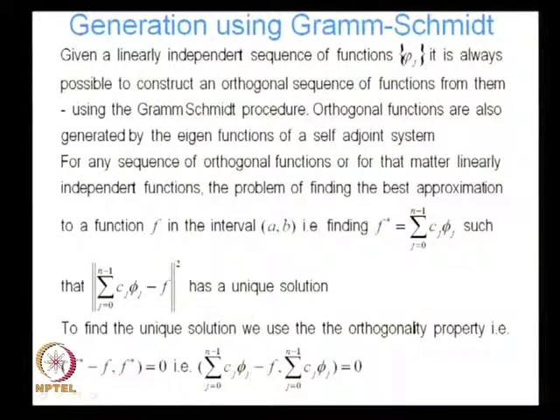So, this f star which gives me the best approximation is unique. Given an orthogonal basis and given a certain function, the best approximation that I can construct to f using those basis functions is unique.